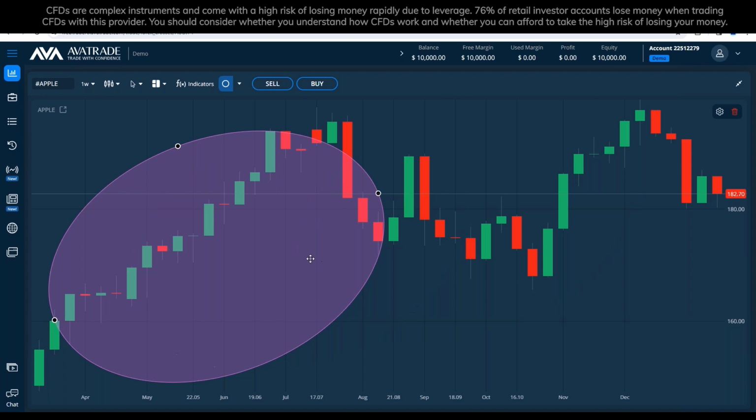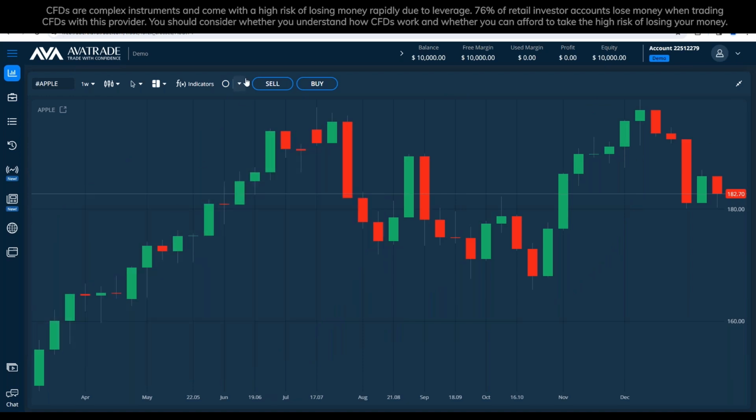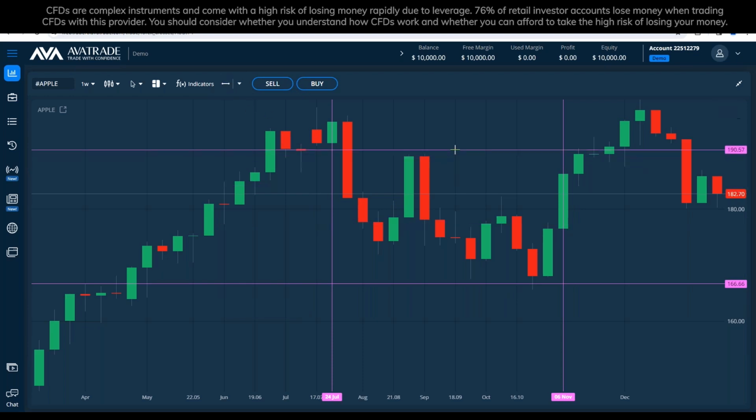Okay, here you have an oval if you want to capture a certain time frame and so on. Maybe a timeline between certain times, between certain levels. Ignore the fact that I'm doing it swiftly. Obviously, you can do it at your own pace.